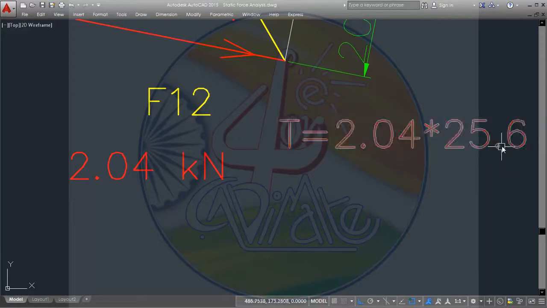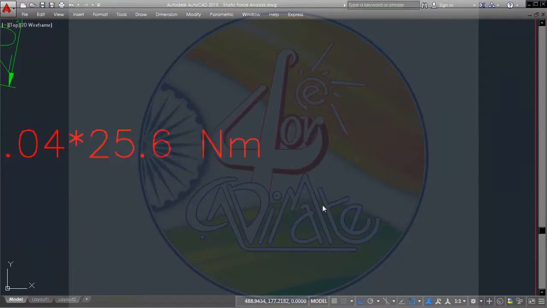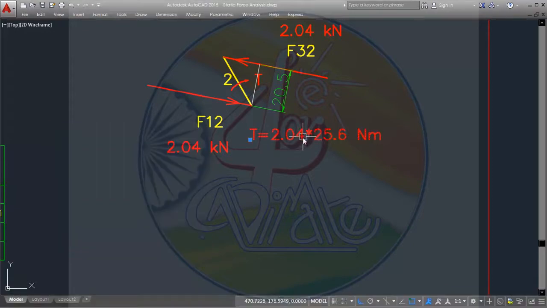You will get the result in Newton meters. So calculate it. What is 2.04 into 25.6? The answer is 52.24. So the torque is how much? 52.24 Newton meters. The same we had found yesterday.